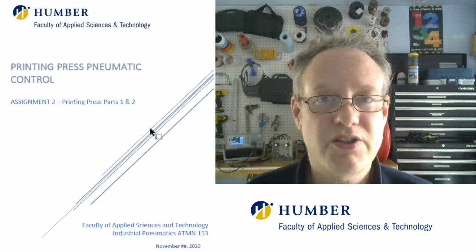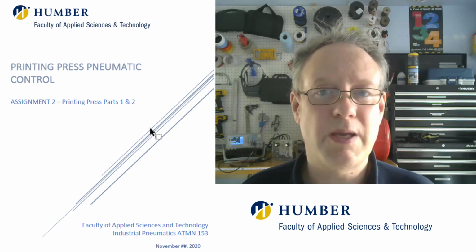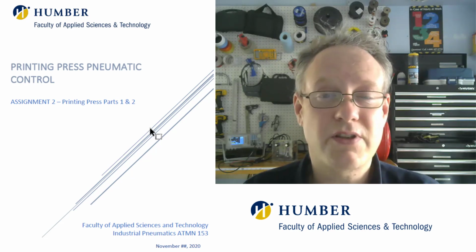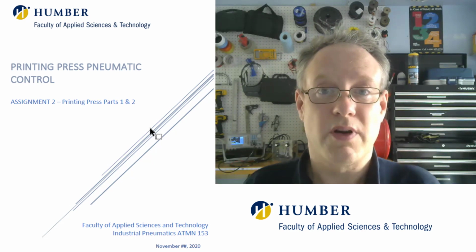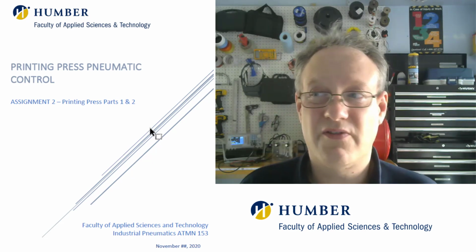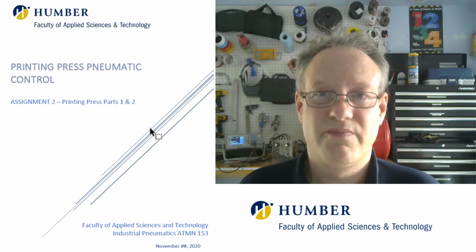You can do it on Automation Studio if you want, or you can do it all by hand. Again, this is a preliminary design, and you won't have to submit a report for stage 1. All you have to do is submit 2 files. As long as the files have your name and your student number on them and your solutions, I'm fine with that. Let's move forward. Okay, good.